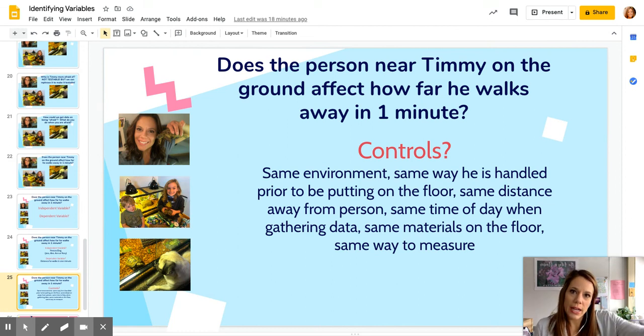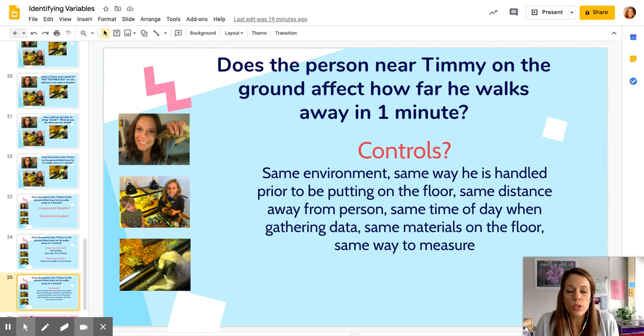If I put some lettuce away from Abe and he sees that, he might travel farther to get that lettuce versus if during my test there's no lettuce. So that could affect the results. And then the same way to measure. If I measure with a tape measure for me and then a ruler for Abe, that's going to affect the results. So these are all things that we don't want to affect the results.